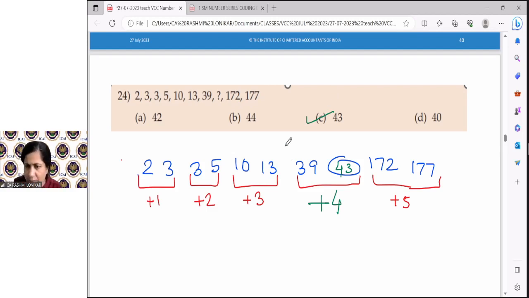Is that clear? Harshini? Okay, you're getting the answer now? Yes, everybody?